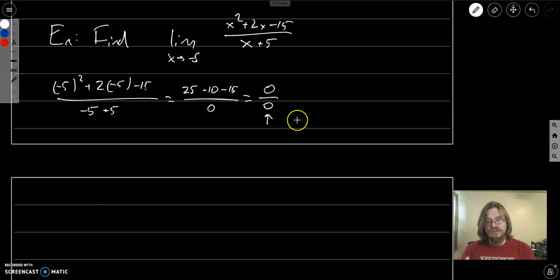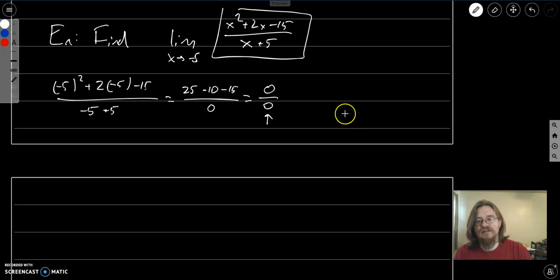Well, the answer is we're going to use some algebra, just like everything else in this section. I'm going to take what we're taking the limit of and apply some algebra to it, and I'm going to show you that this is actually a lot simpler than it looks. I can't plug -5 in because I get something divided by 0, but I can simplify this fraction.